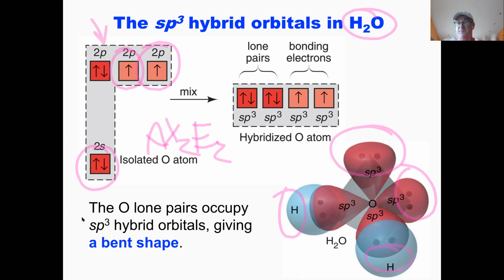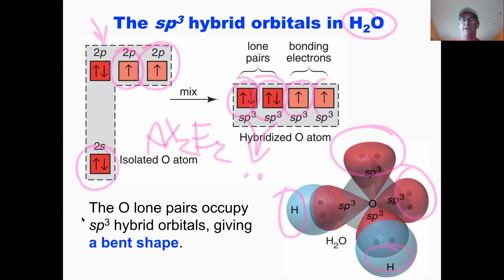So we do sp3 again, but this time we've got 6 electrons to put in them. So we go 1, 2, 3, 4 all the way across, and then we go back to the beginning, 5, 6. And so these 2 are going to be our lone pairs.